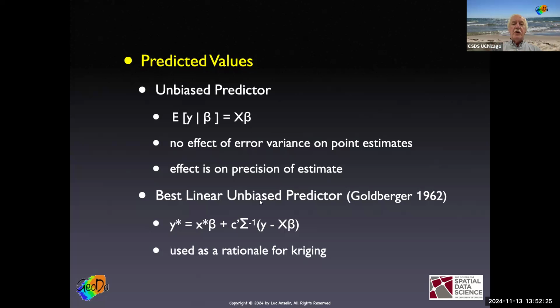And then you can use this very old result due to Goldberger that creates an optimal unbiased predictor, a BLUP, which takes advantage of the structure of the variance covariance matrix. So the sigma inverse is in here. So that's for interpolation. You might say, well, why do we need this error model?